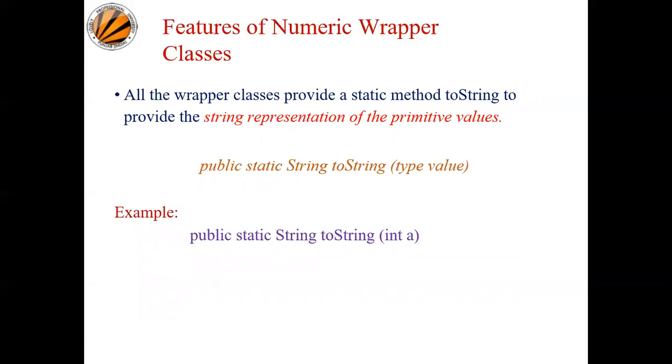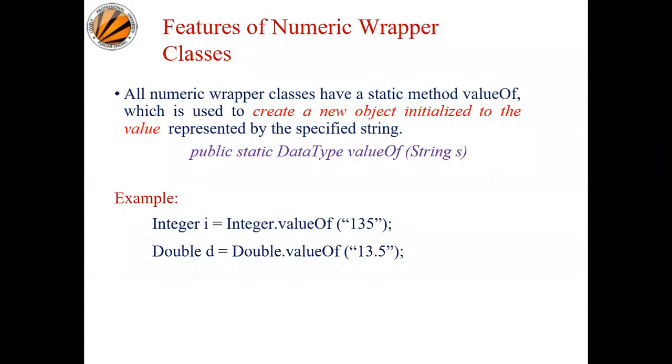All of the wrapper classes provide a static method to provide a string representation of the primitive value: public static String toString with parameter type value. Example: public static String toString with parameter int a.